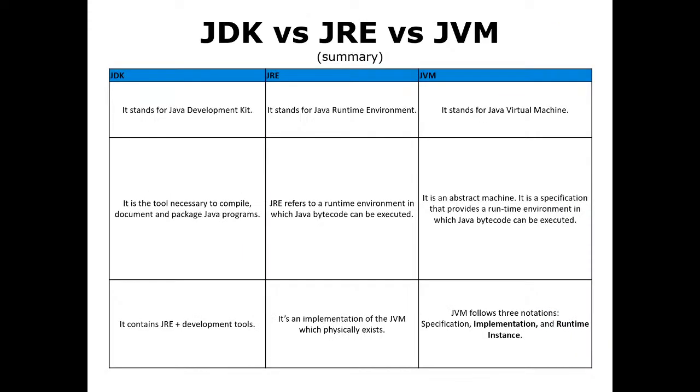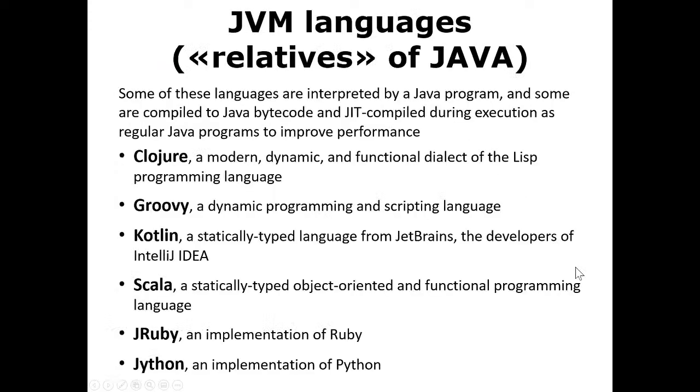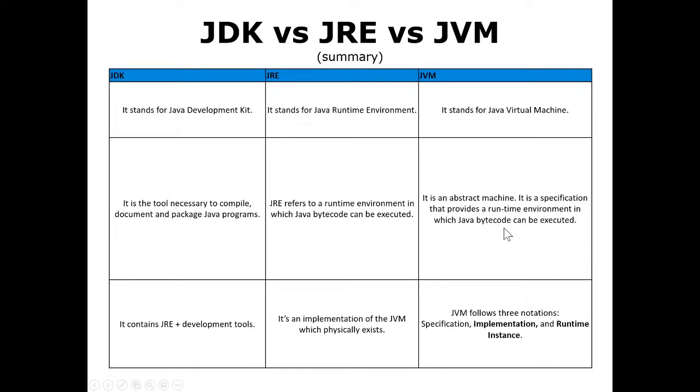This is a short summary of the differences between Java virtual machine, Java runtime environment, and Java development kit. Again, the base is the Java virtual machine. It provides a runtime environment in which Java bytecode can be executed.